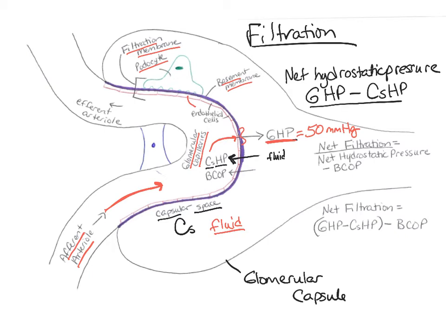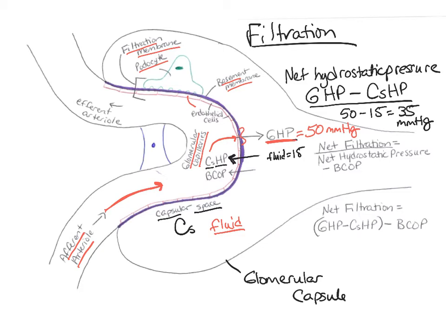That is your net hydrostatic pressure. So the capsular hydrostatic pressure is typically 15 millimeters of mercury. So our net hydrostatic pressure normally would be 50 minus 15, and that gives us 35 millimeters of mercury. So that is our average net hydrostatic pressure or net glomerular hydrostatic pressure.